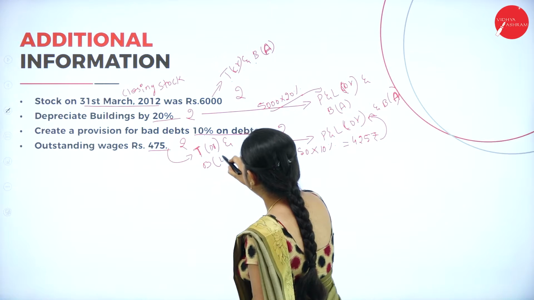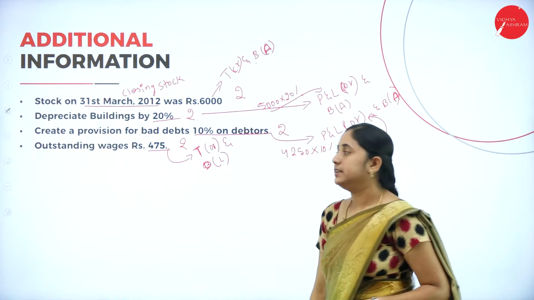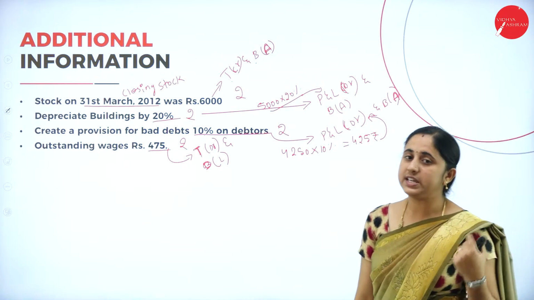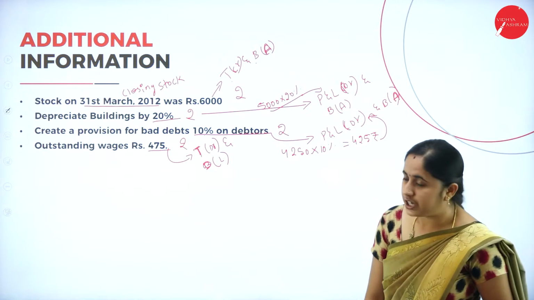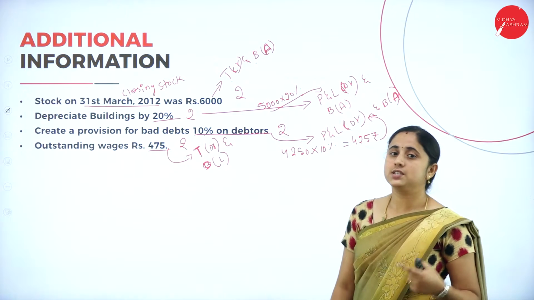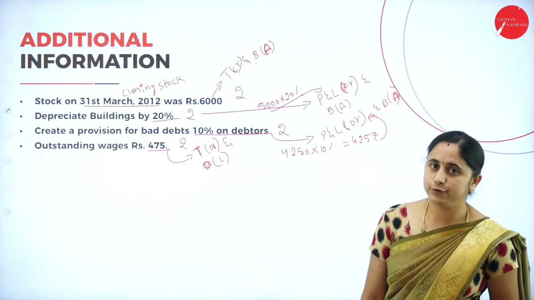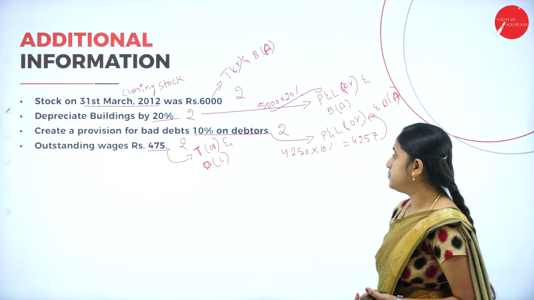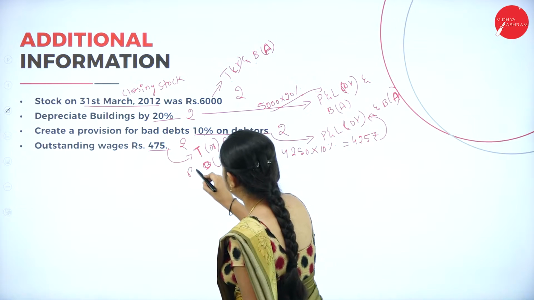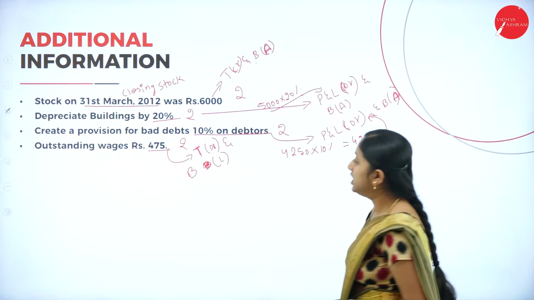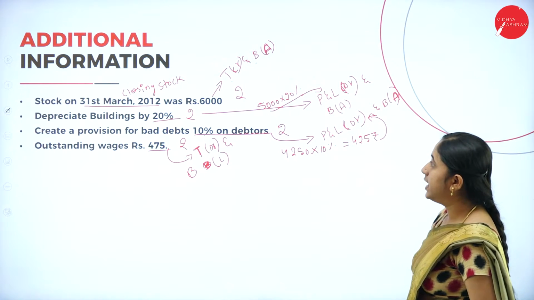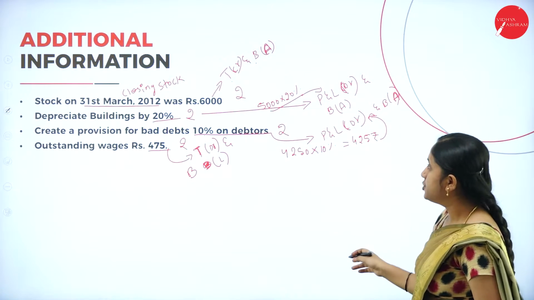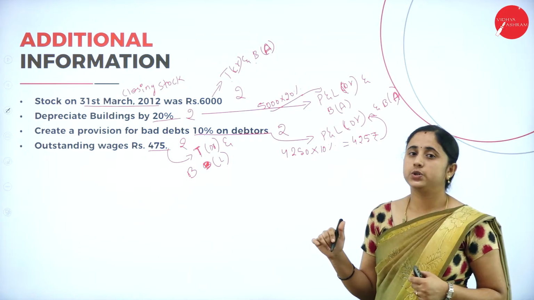Again in the balance sheet, liability side, that means outstanding wages. Wages occurred but not yet paid. You are going to pay in future. So this wages you have a liability to pay in future. So outstanding expenses you will consider in the balance sheet liability side.